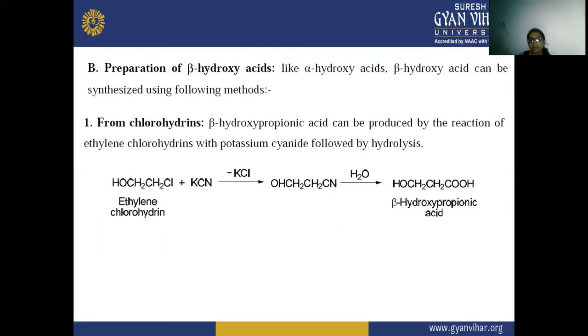Next is the preparation of beta hydroxy acid. Like alpha hydroxy acid, beta hydroxy acid can also be synthesized using the following method. First is from chlorohydrin.